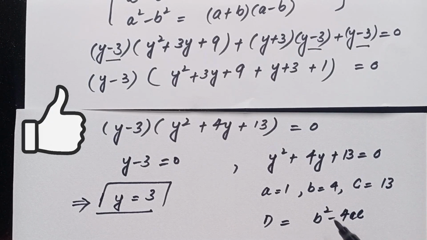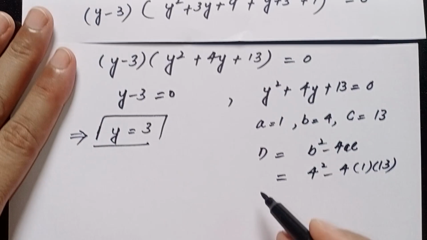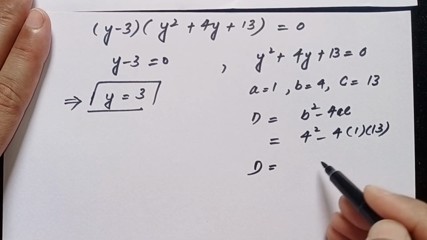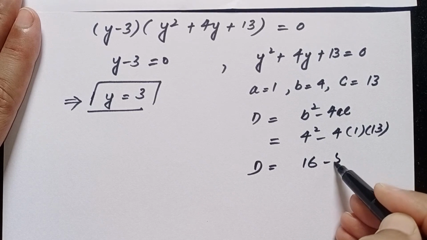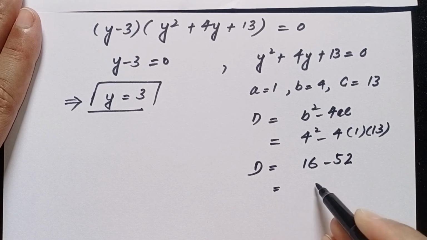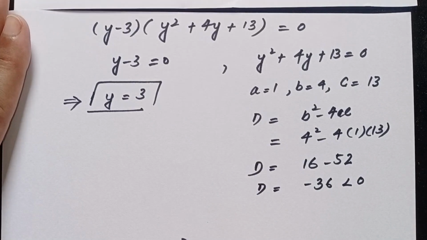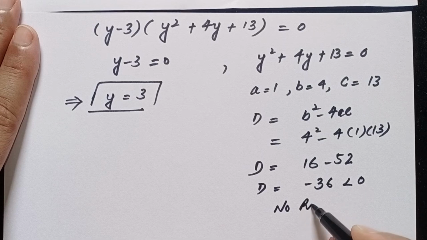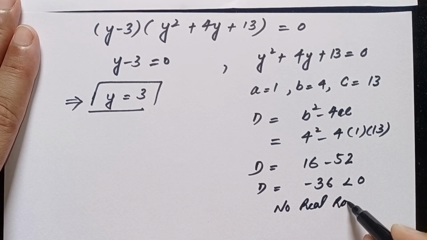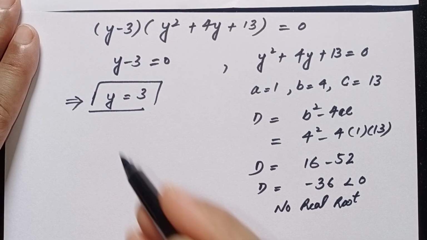By inserting the values of A, B and C: 4 square minus 4 times 1 times 13. 4 square is 16, minus 4 times 13 is 52. 16 minus 52 gives minus 36, which is less than 0. So from this quadratic equation we get no real root. We will get an imaginary solution from here.